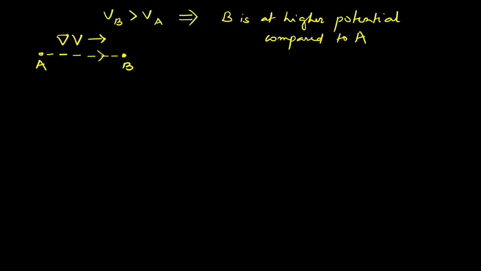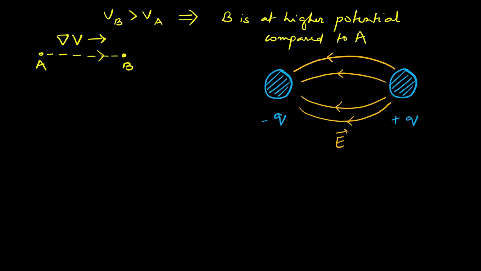Now let us take one more example. Let's say we have a minus Q charge and a plus Q charge. So the electric field lines will be originating from plus Q and will terminate at minus Q. That is, electric field lines point from positive to negative.